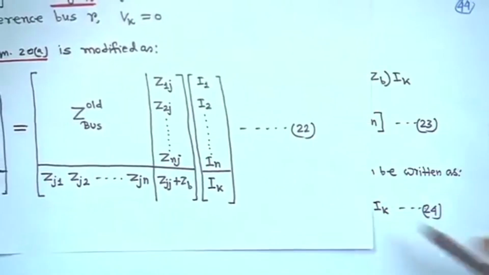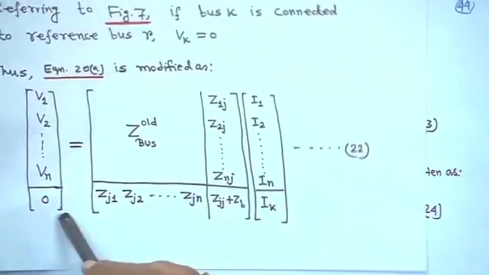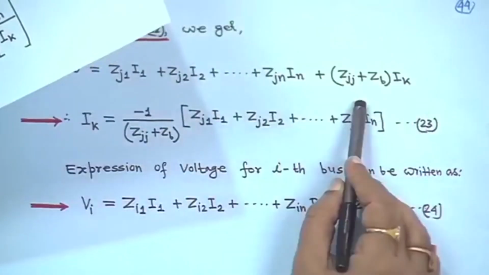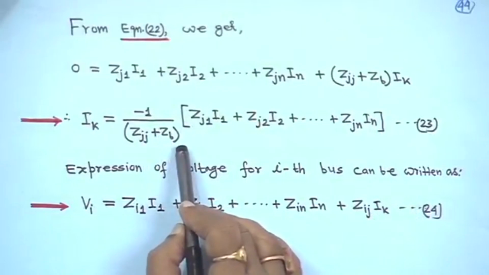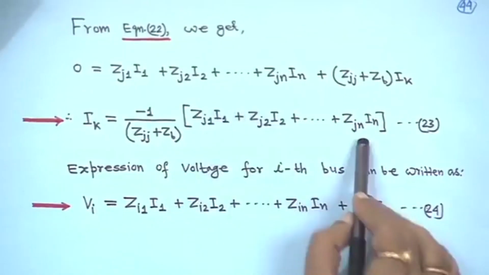Everything remains the same, only Vk equals 0. From here you will get Ik is equal to minus 1 upon Zjj plus Zb into all these terms, right.